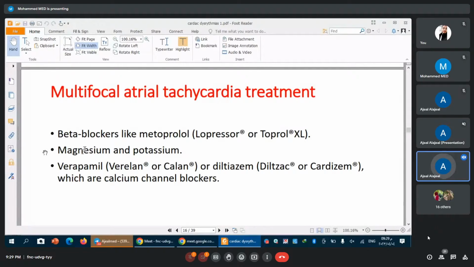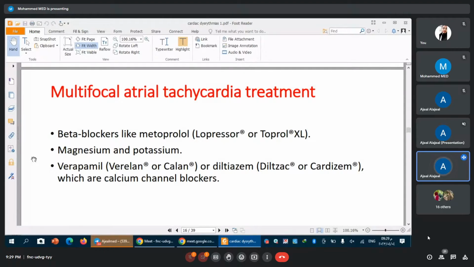But please don't do this with the potassium, because potassium is very dangerous if a patient is overdosed with it. The second drug are the calcium channel blockers like verapamil and diltiazem.